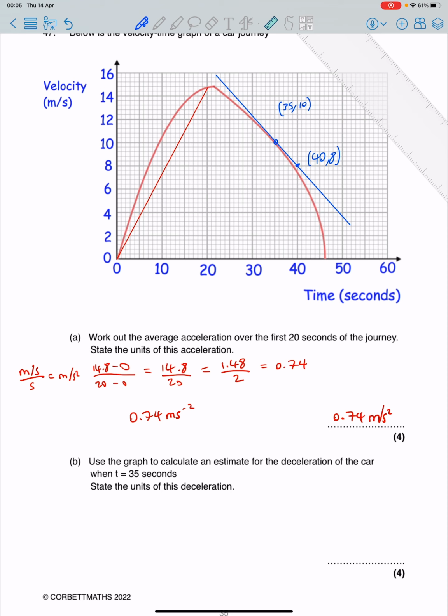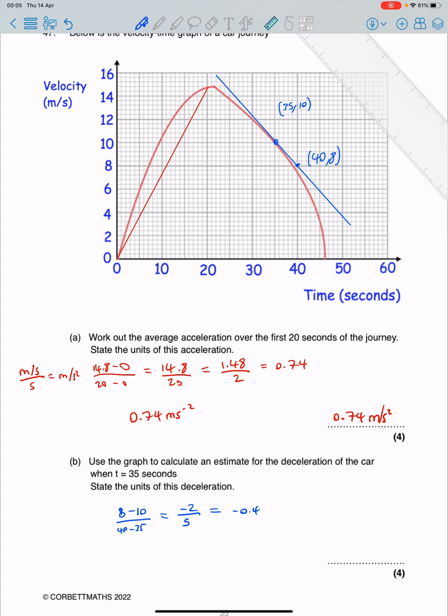So that's going to be the change in velocity. So this time it goes from 10 to 8. So 8 take away 10 over the change in time. So that's 40 take away 35. So it's just a gradient thing, isn't it? So that's minus 2 over 5. So minus 2/5 or minus 0.4.